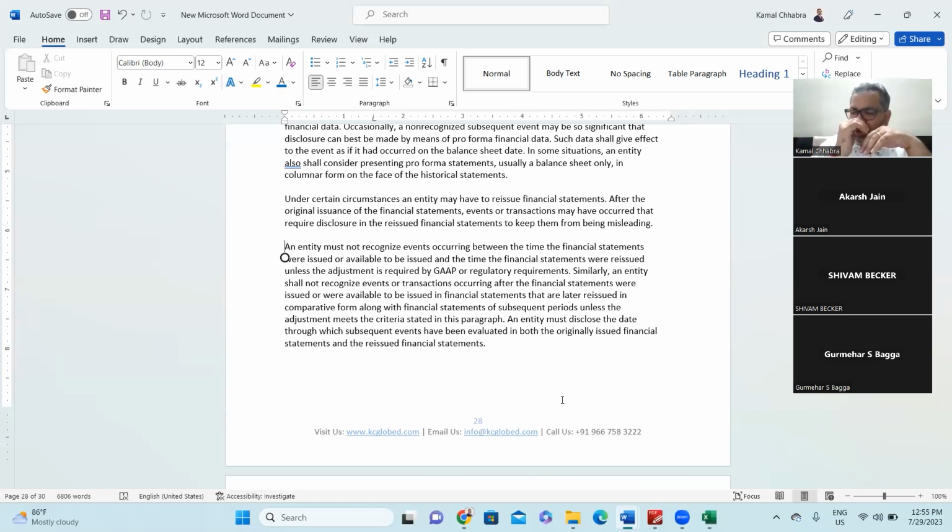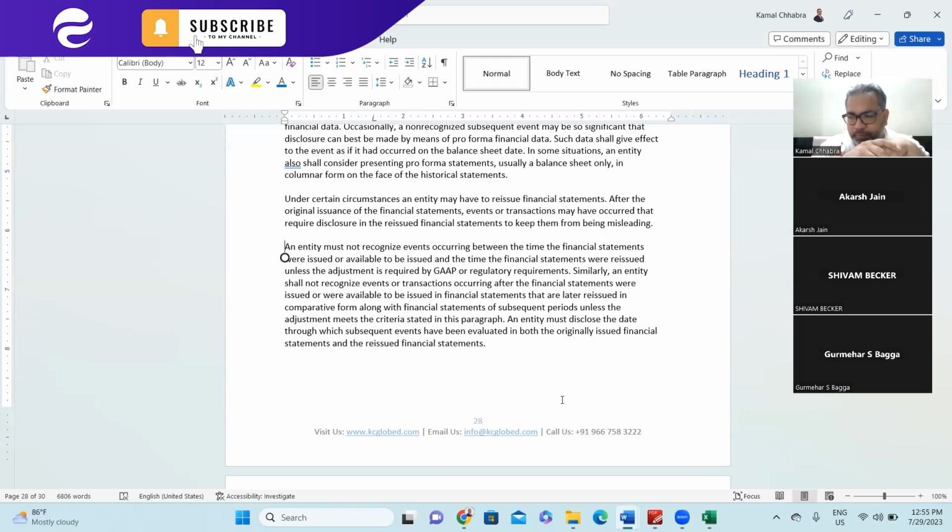Let's assume in the month of June, when you are doing the interim audit, you have found certain errors, or certain issues which are material to the financial statement of the previous year, which existed at the time of the balance sheet.